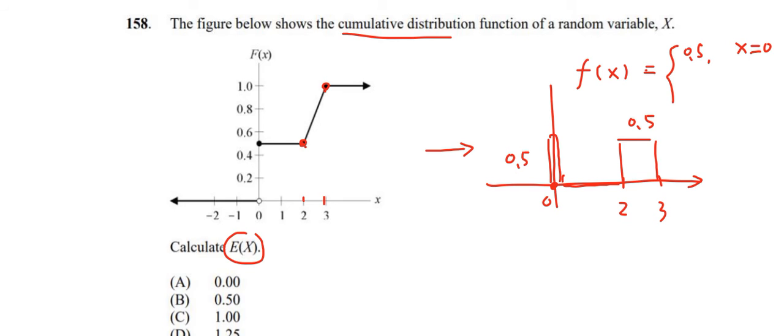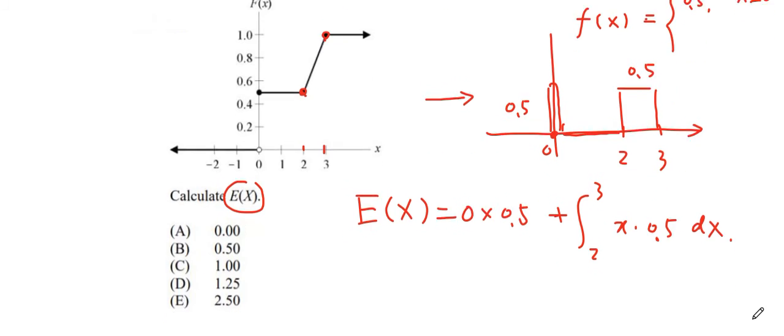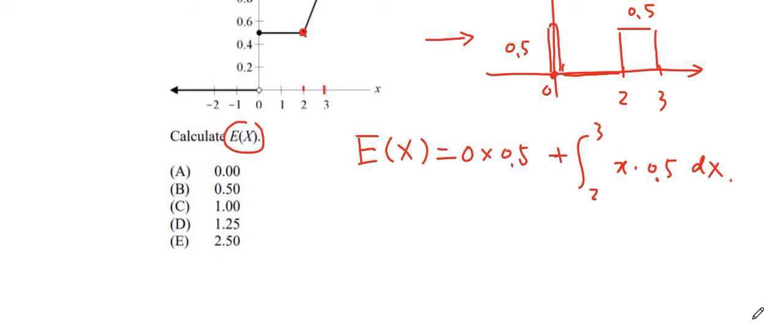Okay, so the expectation is x equals 0 multiplied by probability 0.5, plus from 2 to 3, x multiplied by its density function 0.5, dx. So this is 0, and this is 0.5, just half, right?